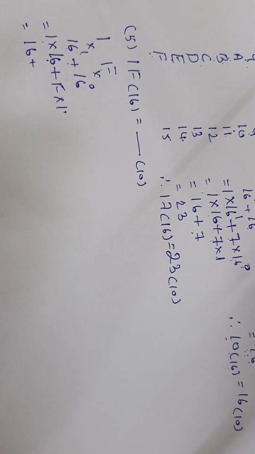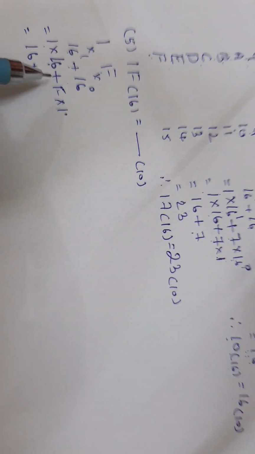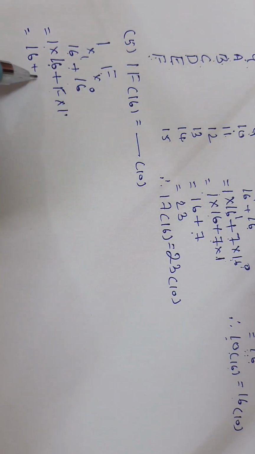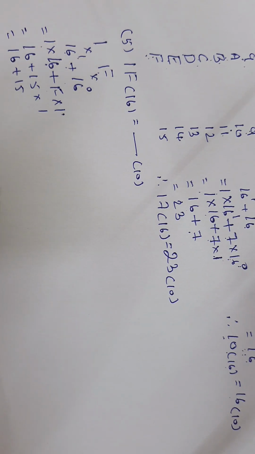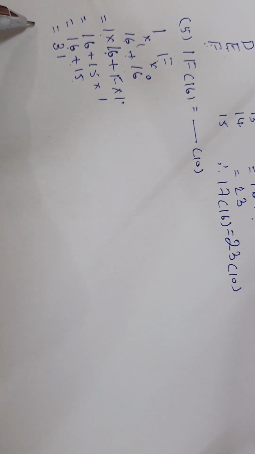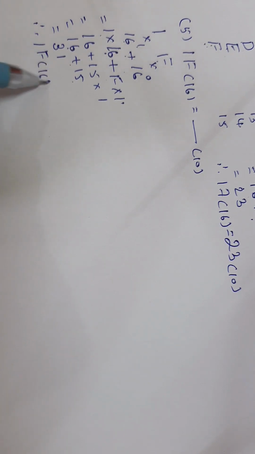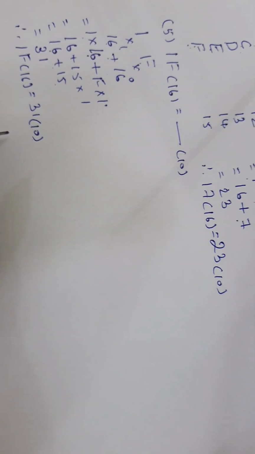So next here F means, already we know that F means 15 into 1. So 16 plus 15 is equal to 31. Hence 1F to the base 16 is equal to 31 in decimal.